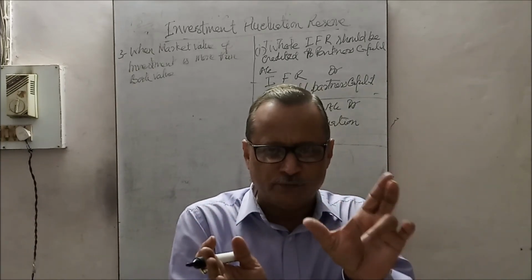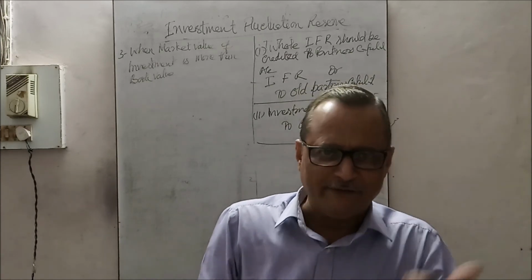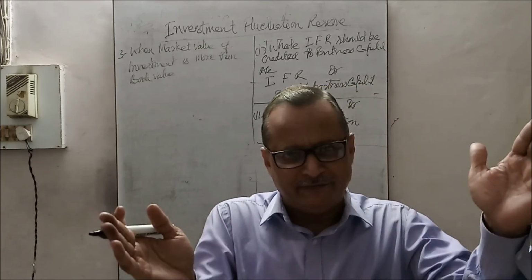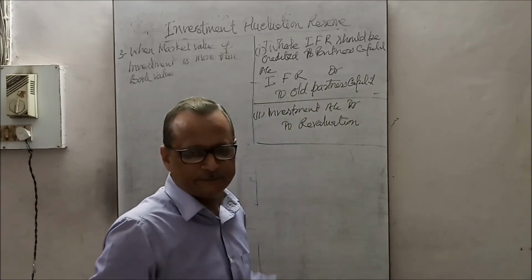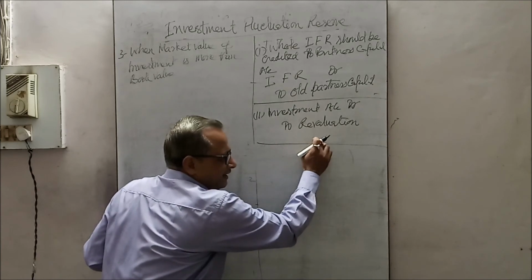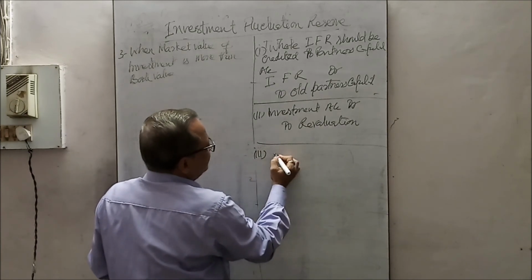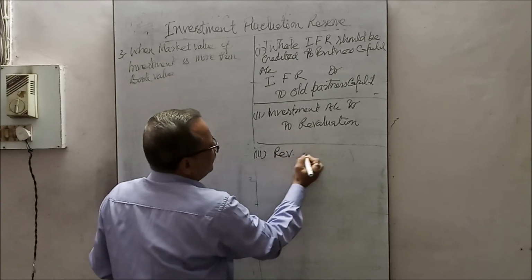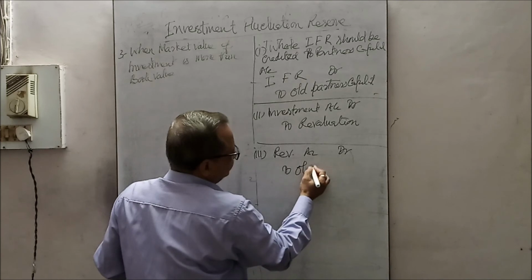Suppose the book value is 10,000 and the market value is now 15,000. 5,000 value is increased, so investment account debit to revaluation account 5,000. And this revaluation is created, so it is a profit. So this profit should be divided between the partners: revaluation account debit to old partners' capital account.